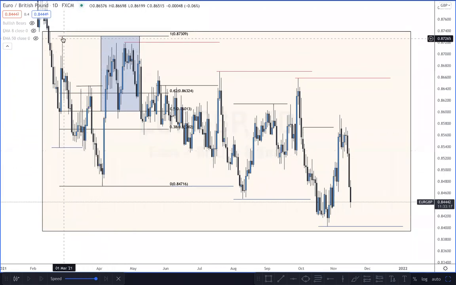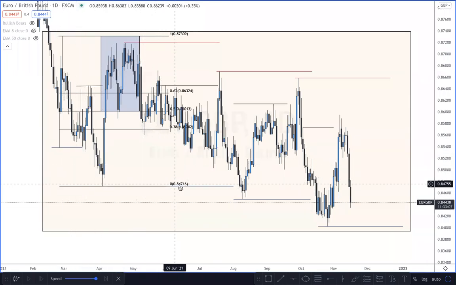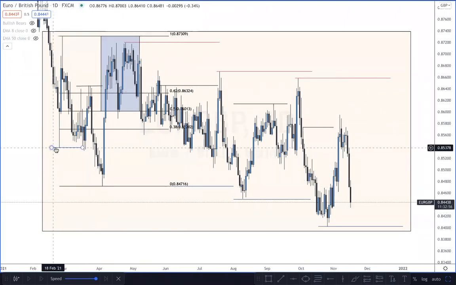Which is, if I pull the fib from this high to this low, once I break this blue line, as I explained, all the blues are my lows and all the reds are my highs. So if I pull the fib from the red to the blue, immediately I break the low that created that high where I'm pulling my Fibonacci tool from.